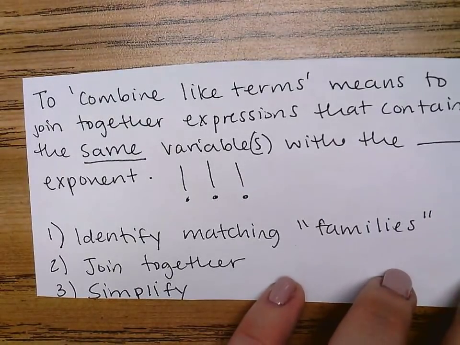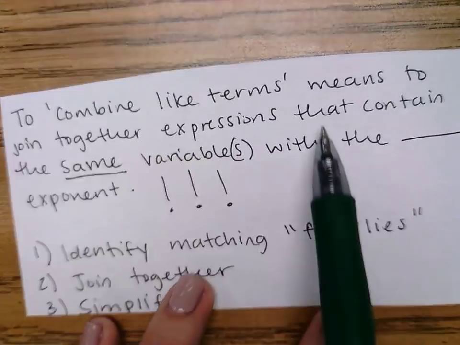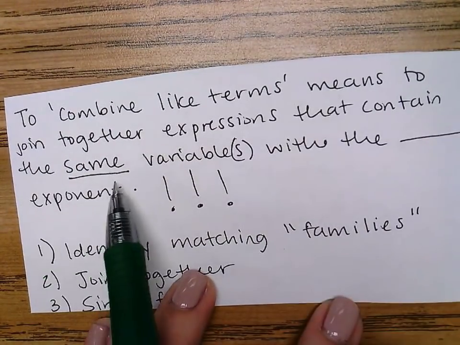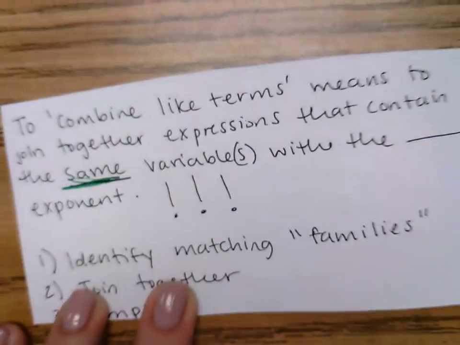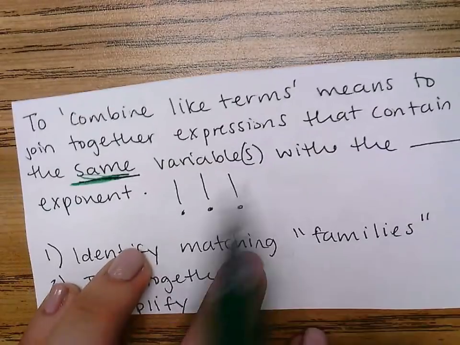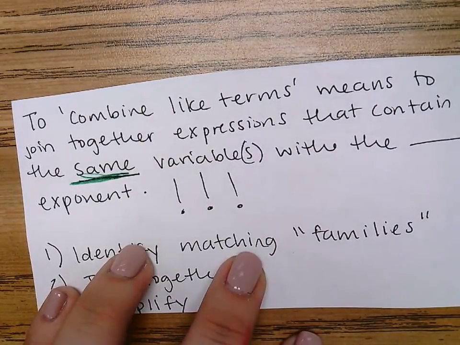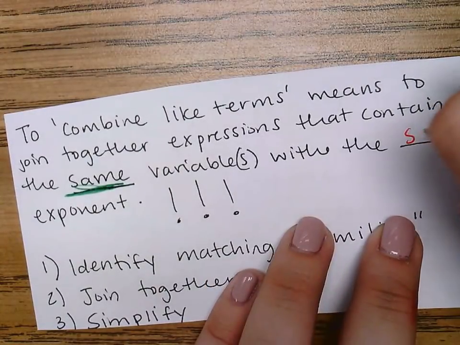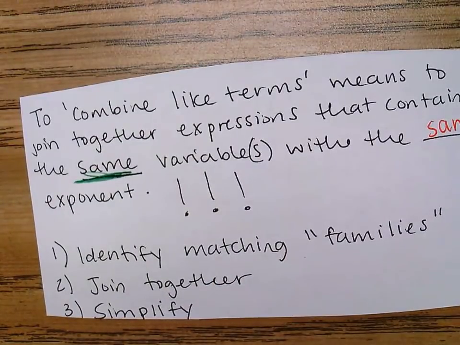So when we open up to the next page, to combine like terms means to join together expressions that contain the same variable or variables with the same exponent.